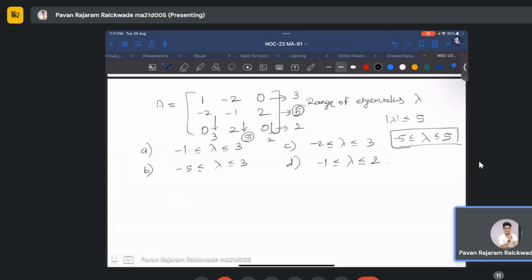The assignment for solutions has been released. Assignment 4, right? Yes, sir. Oh, what is this? Mod lambda minus 1 less equal to.